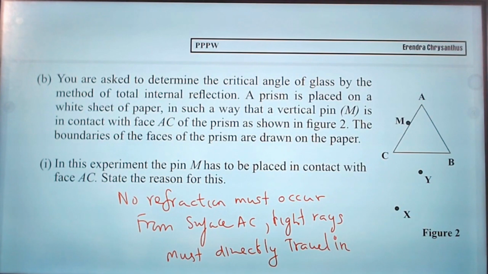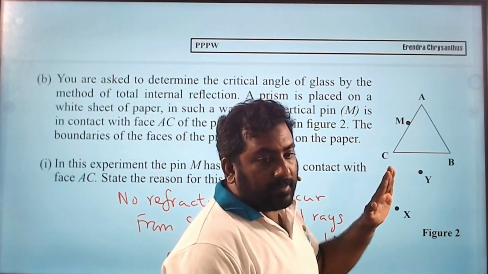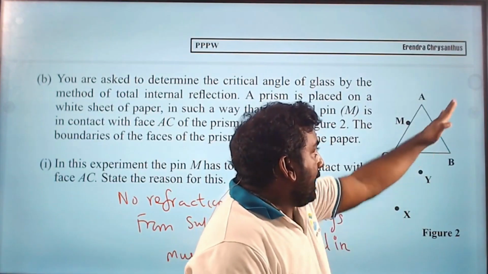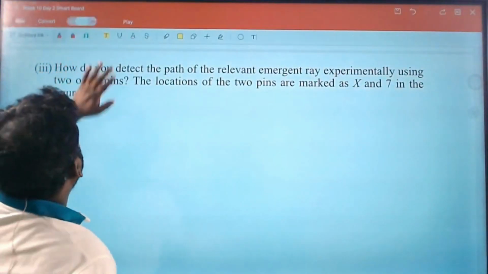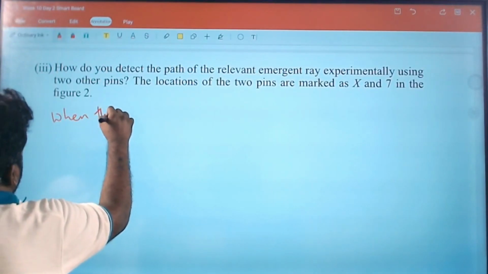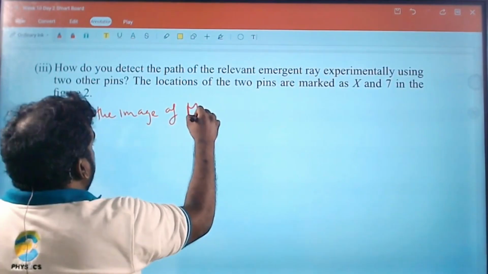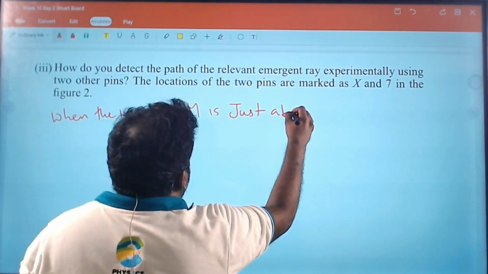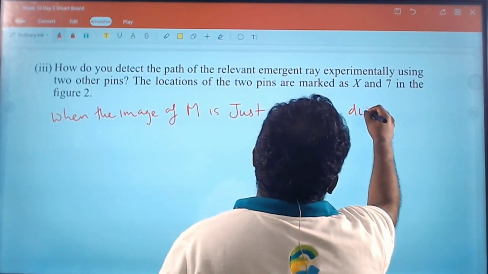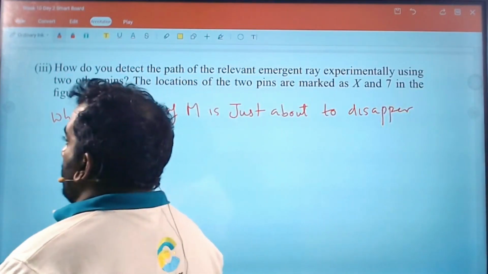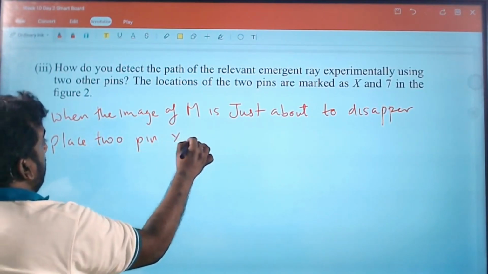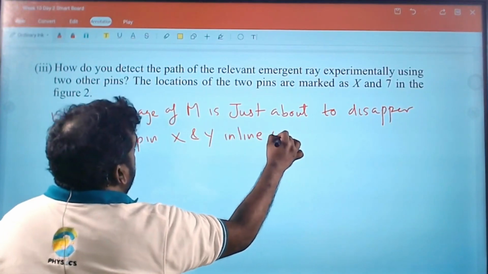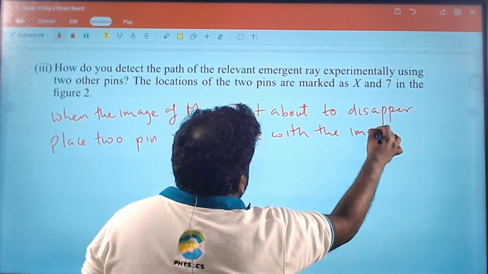When the image of M is just about to disappear, place two pins X and Y in line with the image of M.